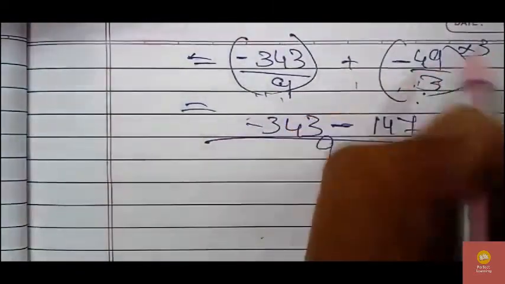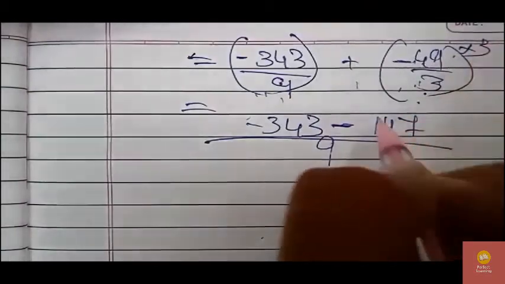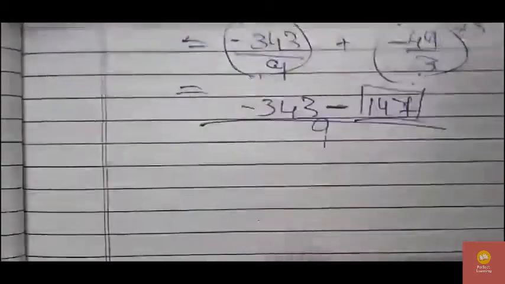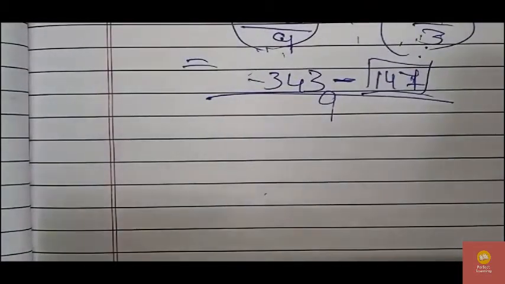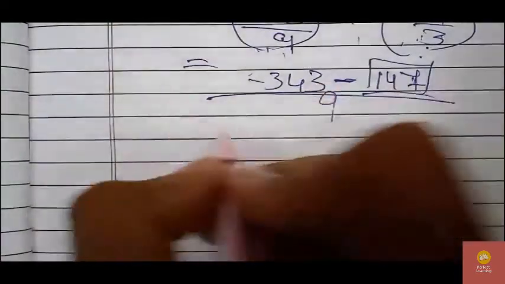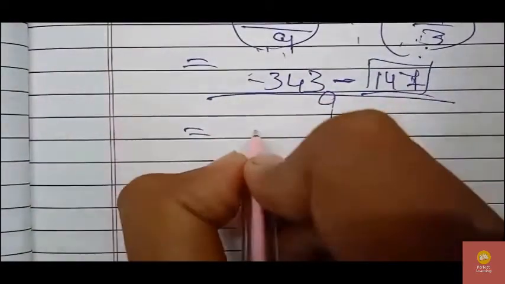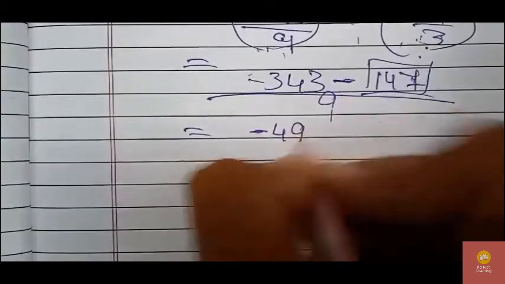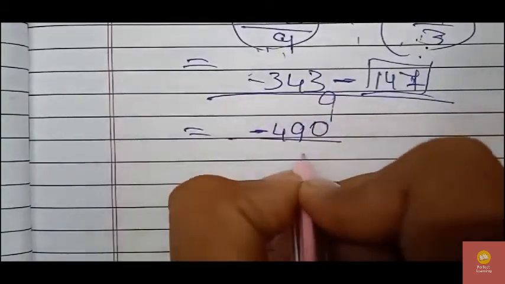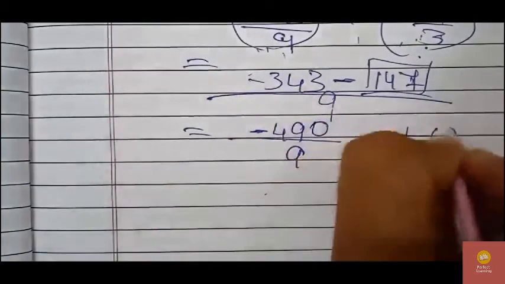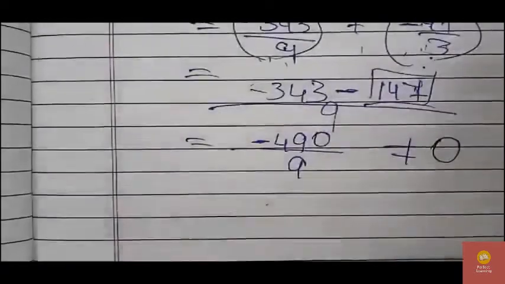When we multiply minus 49 into 3, the answer is minus 147. And finally, when we solve it, the answer will become minus 490 divided by 9, which is not equal to 0.